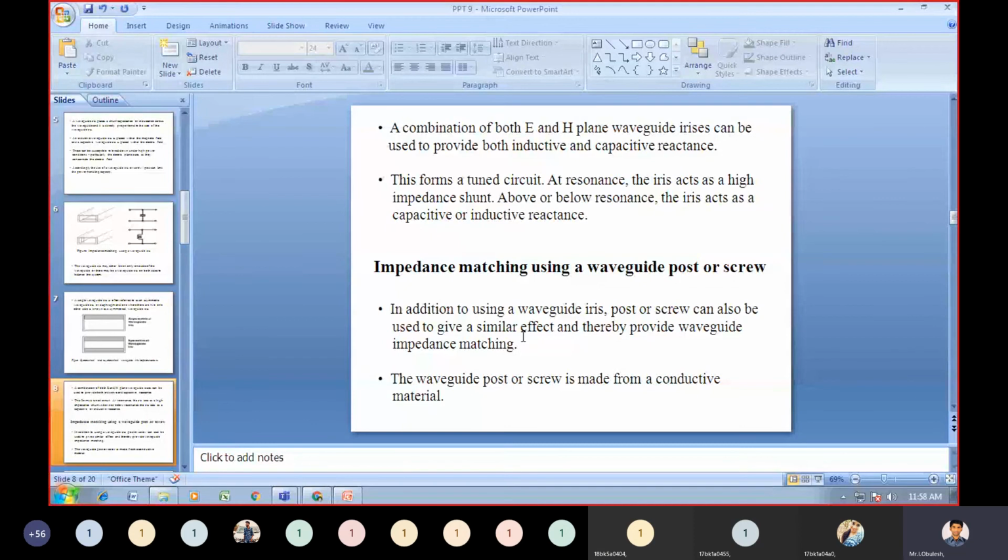In addition to using a waveguide iris, you can use a four-star screw. These two can also be used to give a similar effect, thereby providing waveguide impedance matching.